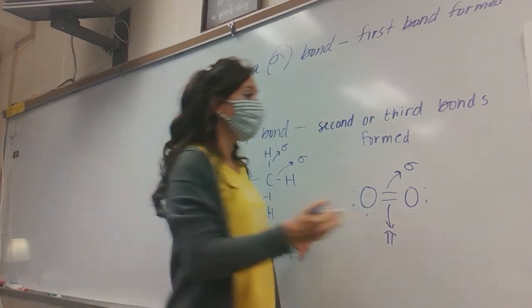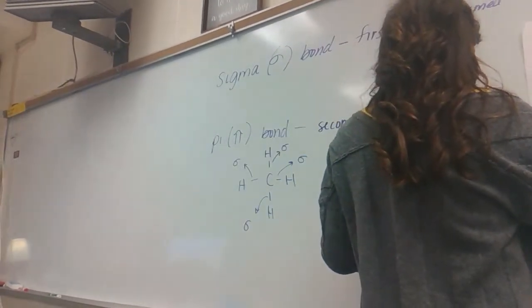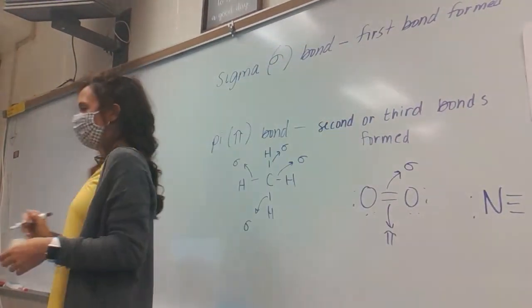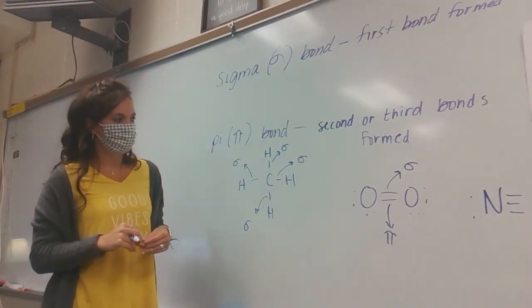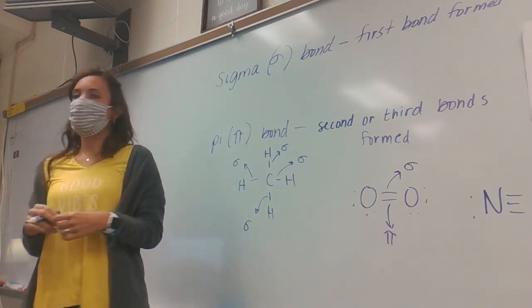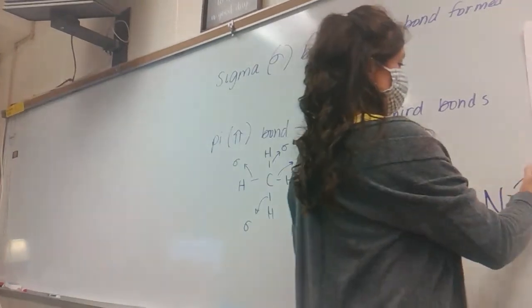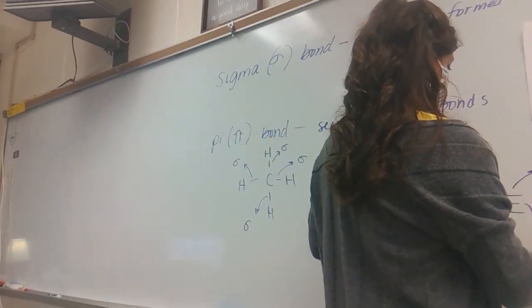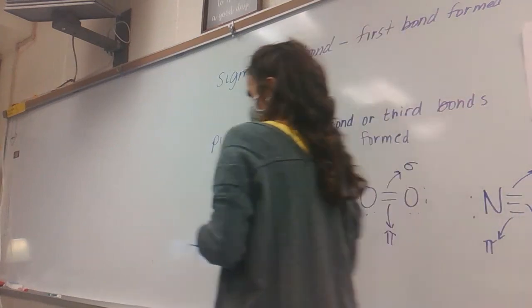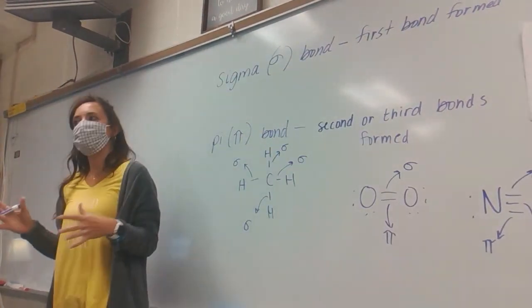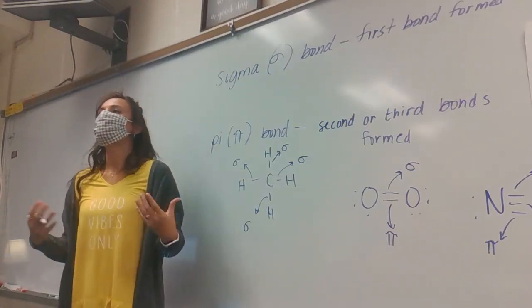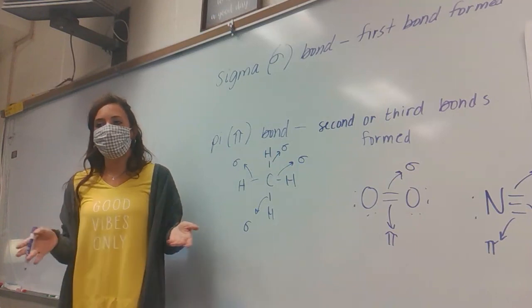If something's triple bonded, like diatomic nitrogen, that diatomic nitrogen is created using one sigma and two pi bonds. And that's as complicated as I want you to get with sigma and pi. The quantum theory that's behind it is more complicated than anything you need to know.